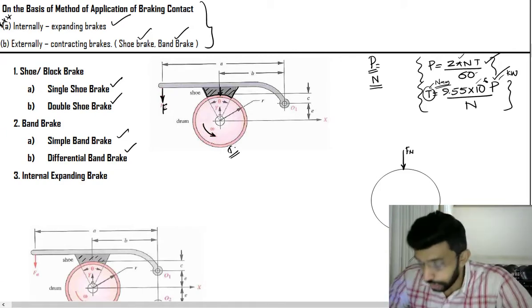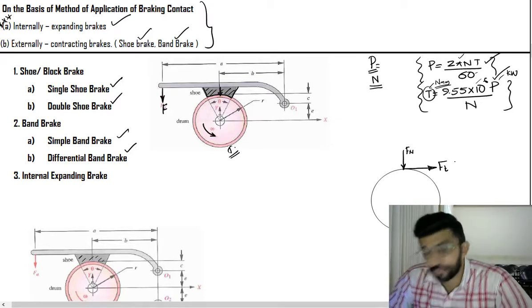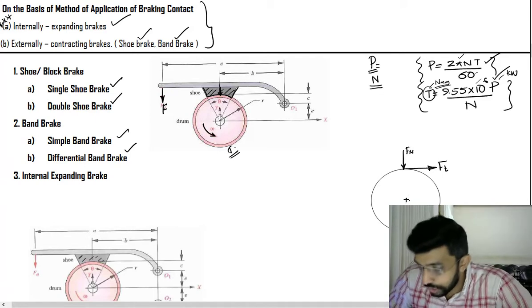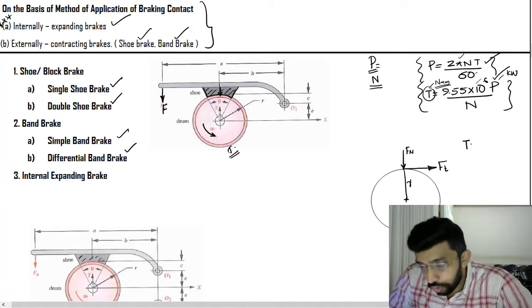That means the tangential force will be something like this. This is how the tangential force will act. So since the radius is R, torque can also be rewritten as Ft into R.